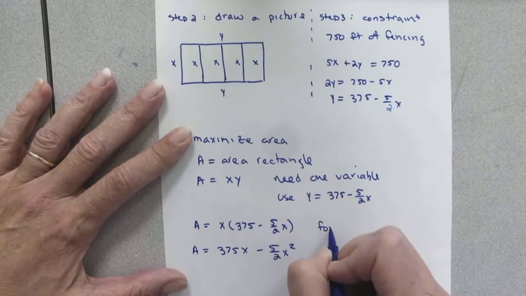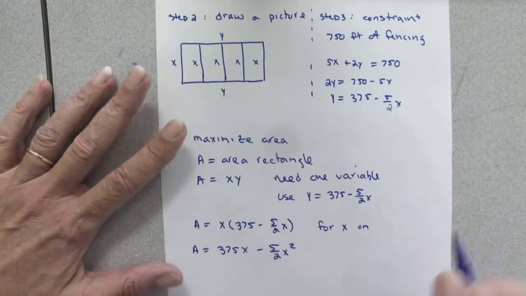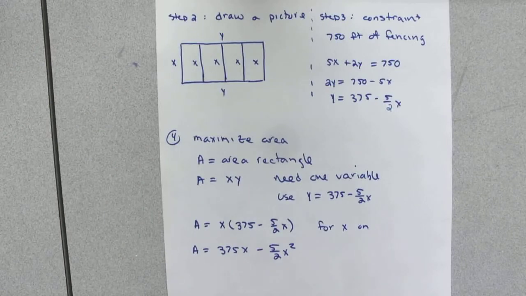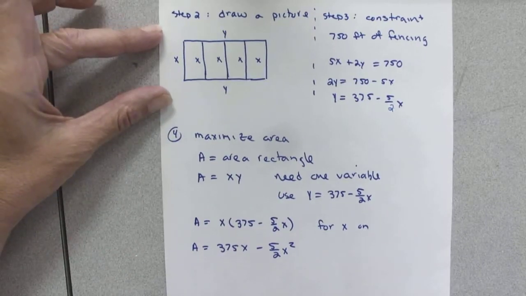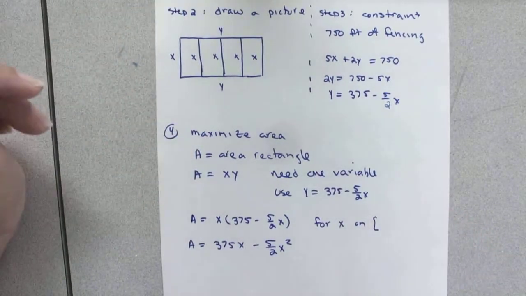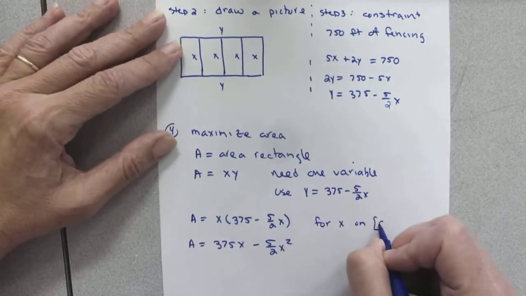Now here's something that I'm not going to stress too much about. If we're trying to be perfect as we're solving these problems, we're going to give an interval of possible values, an interval of what the answers could be. These are almost always going to be physical situations. X is a distance, so negative numbers aren't going to make sense.